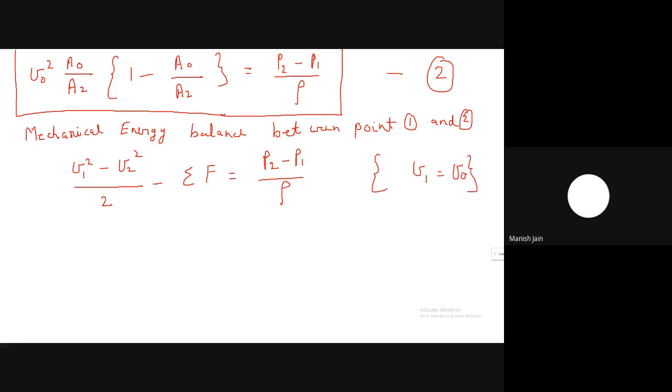From the initial assumption we can say, so you can write in place of V1 just write V0 square minus V2 square.